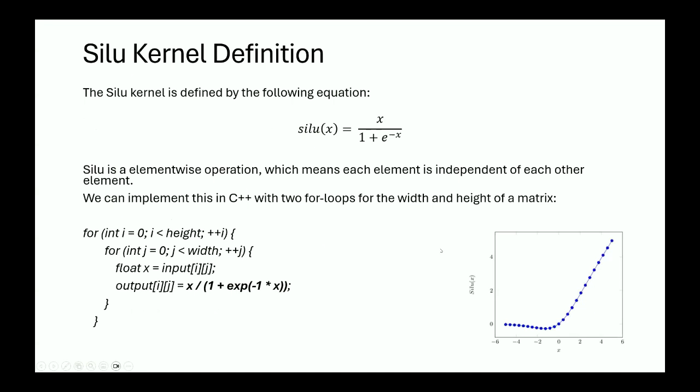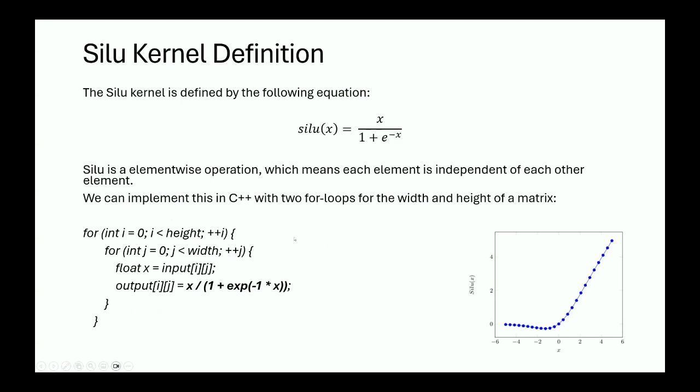So Silu is a little bit more complex. These activation functions look very often very similar. We saw before that we had the maximum function, but with Silu, we have a little bit more complex function.